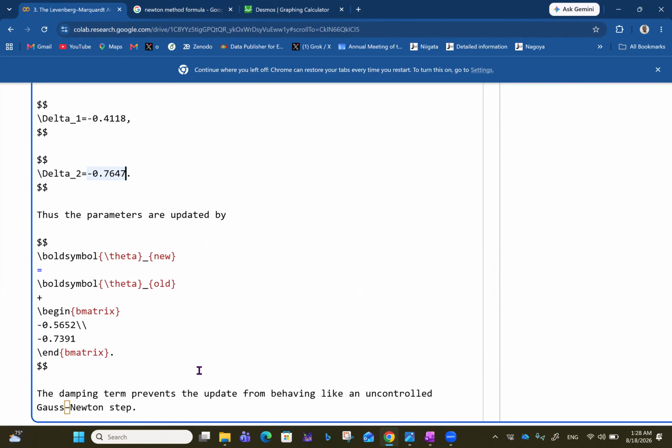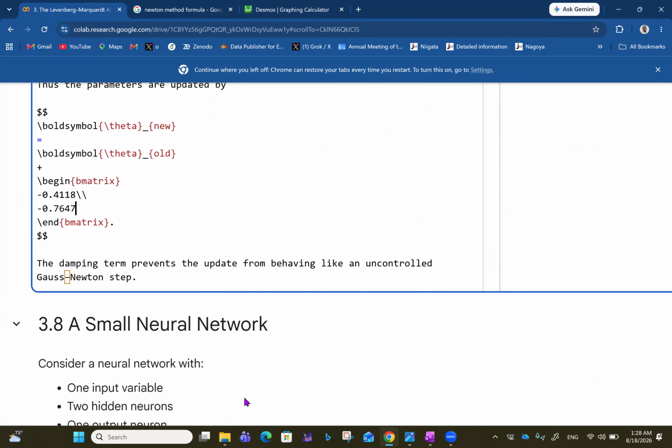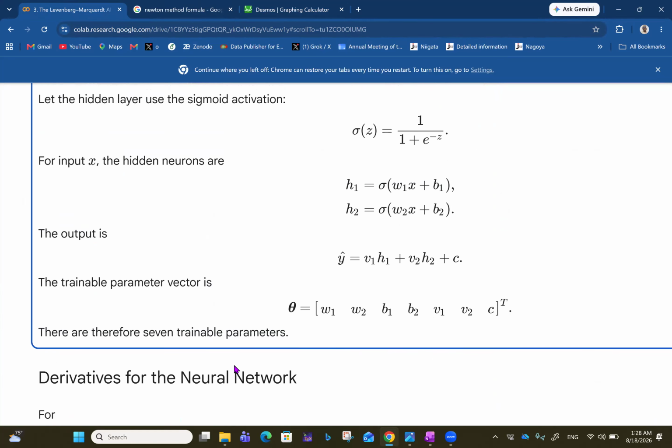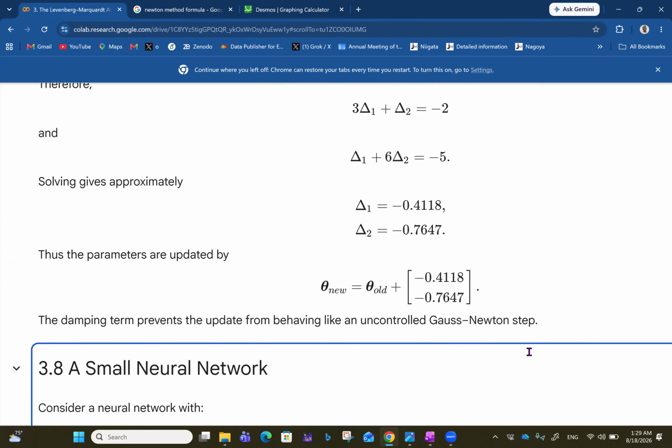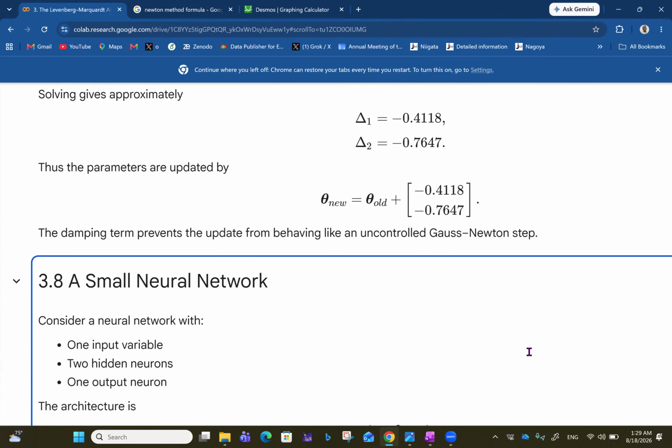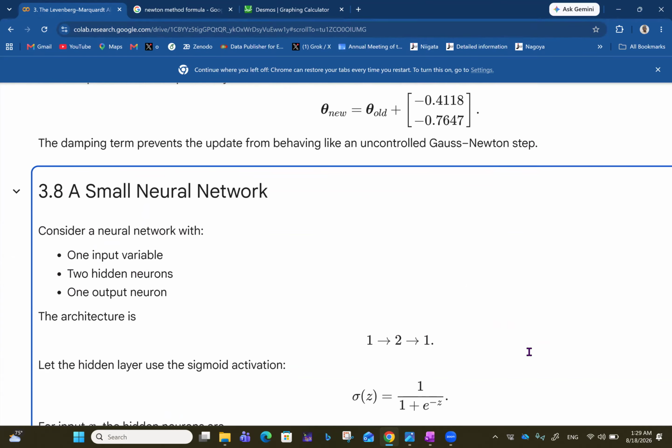So we can then update this now: minus 0.4118, and this is minus 0.7647, like this. And that's what we have there. So the damping term prevents the update from behaving like an uncontrolled Gauss-Newton step.